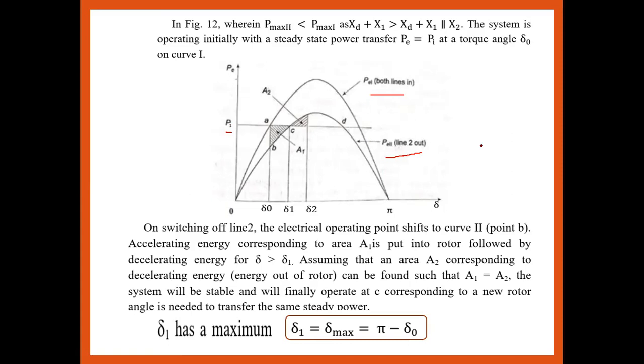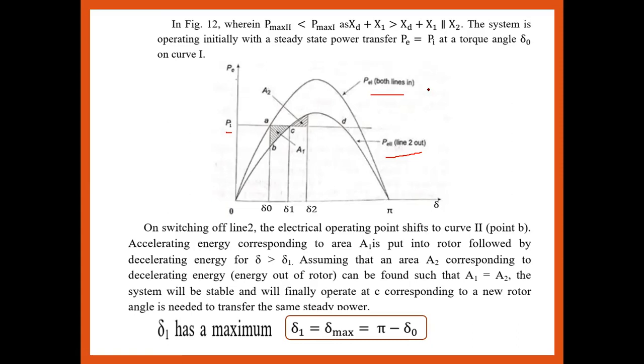Here we have to observe that Pmax2 should be less than Pmax1, because XT plus X1 should be more than XT plus X1 parallel to X2.